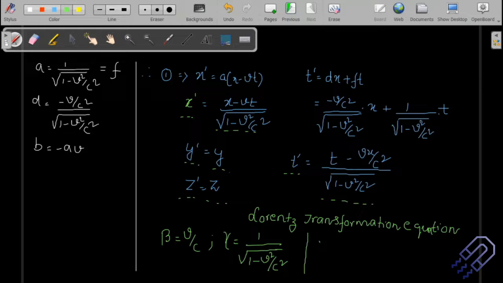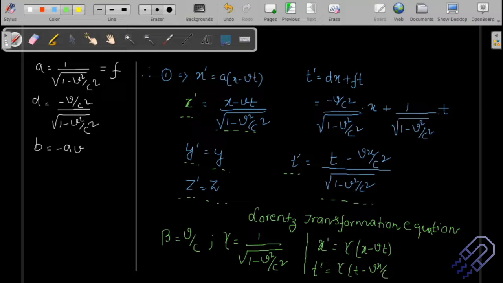It means that you can have x prime is equal to x, or I can write down directly gamma into x minus vt. So don't get confused, gamma means 1 divided by root over of 1 minus v square by c square.